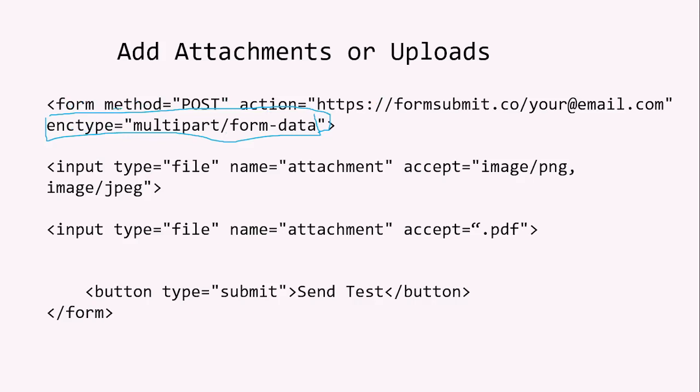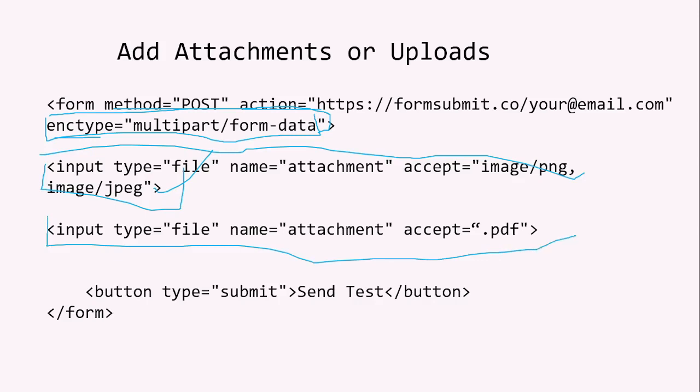You have the first one, method, action, and now enctype, and give the enctype a value of multipart/form-data. Then for the fields for submitting the image, use this one, if you want people to upload their images while submitting the form. And if they are going to attach a PDF, you can use this one.